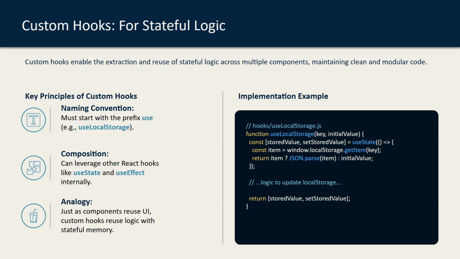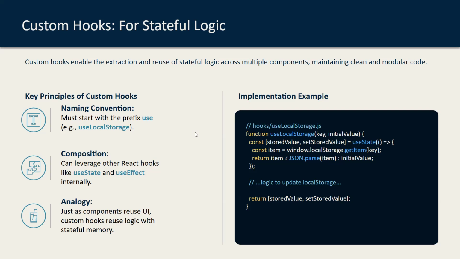And then on the right, we can see an example where useLocalStorage is a custom hook that wraps state plus the local storage behavior into one reusable function. It reads an initial value from local storage, keeps it in the React state, and returns the stored value along with a setter.